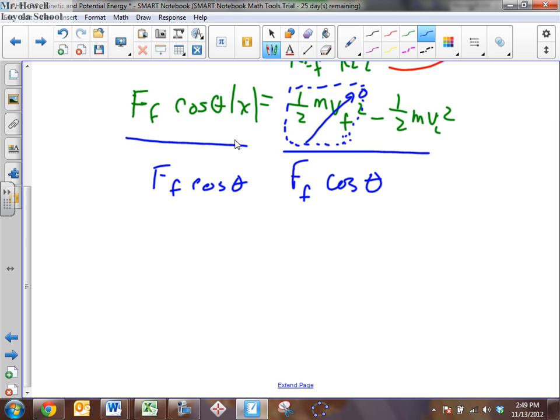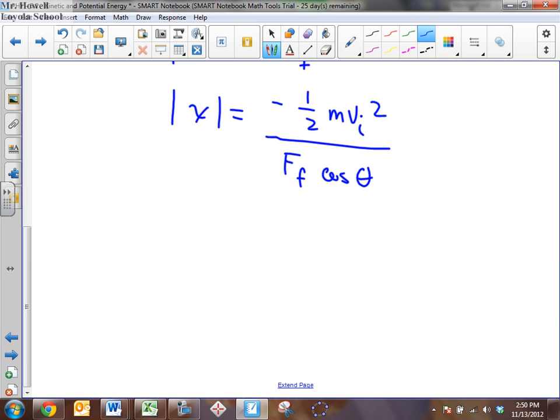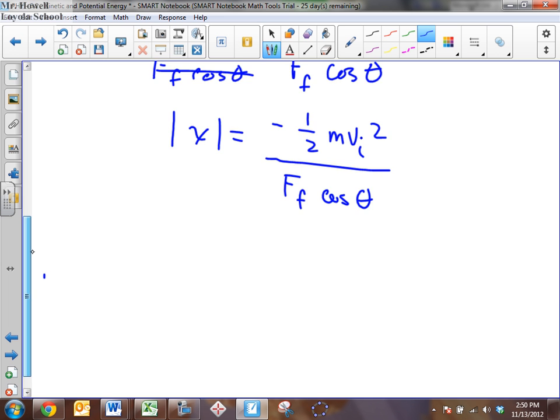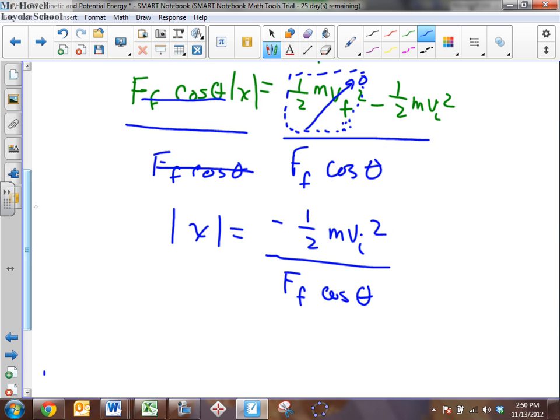So this cancels with this. We're left with, okay, that's our solution right now for the displacement or for the distance traveled by this object once it starts to come to rest.